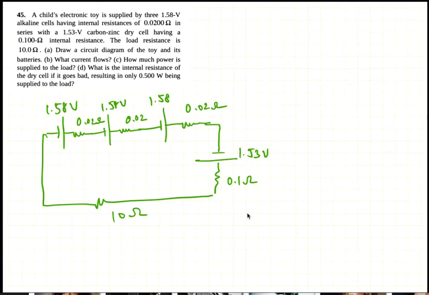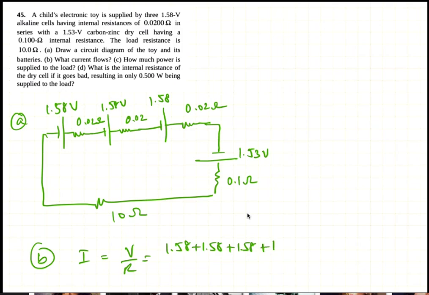Okay, so there's the circuit diagram, and part B, what current flows? I is voltage over resistance, and the voltage is the net voltage, so the current is 1.58 plus 1.58 plus 1.58 plus 1.53, and the resistance is 10 plus 0.1 plus 0.02 plus 0.02 plus 0.02.